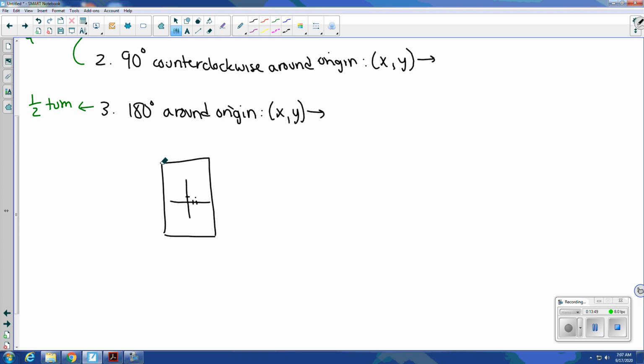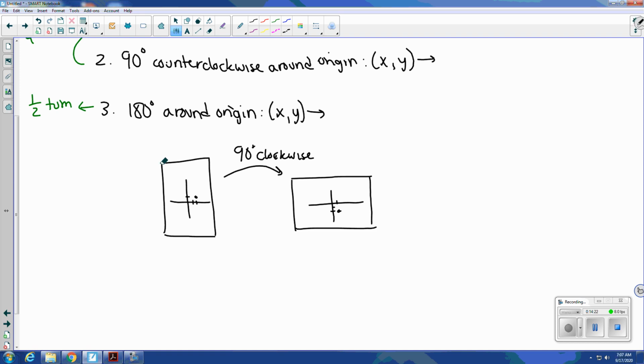What we can do if we want to discover what the resulting point would be when I make a 90-degree rotation clockwise, is actually rotate our paper 90 degrees clockwise. And you'll see something like this. Okay, so if you actually want to try this, take a piece of paper, plot the point (2, 1). Don't make the x and y coordinates the same because you won't see what happens.